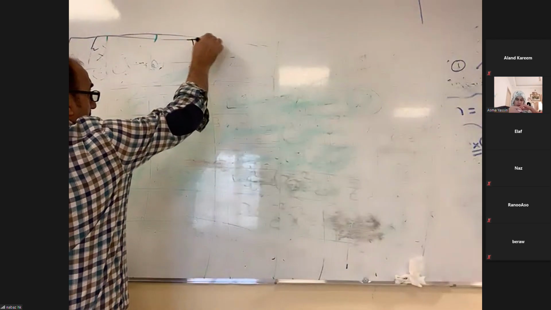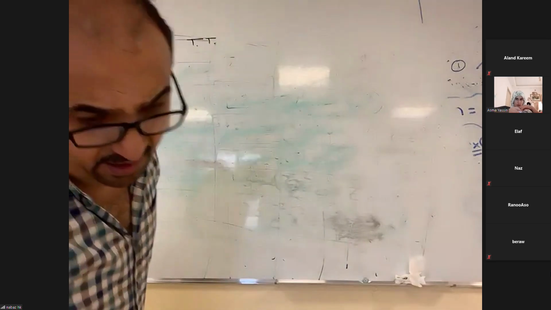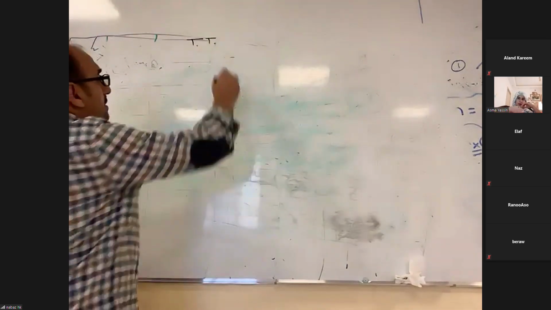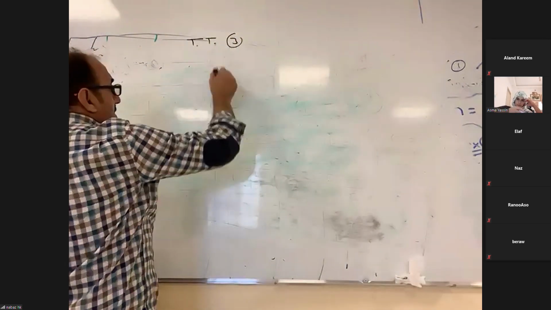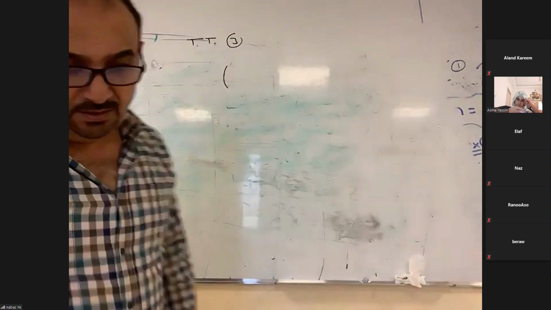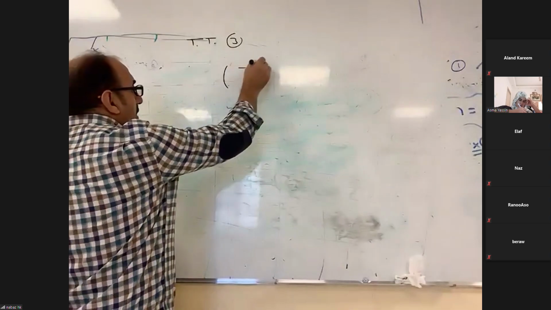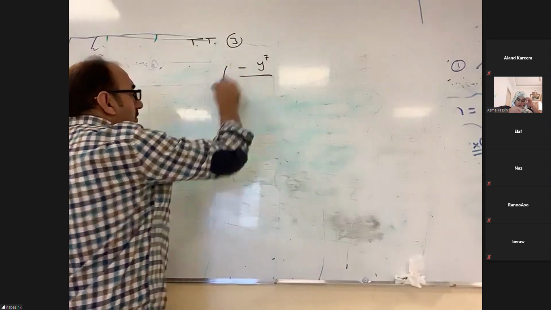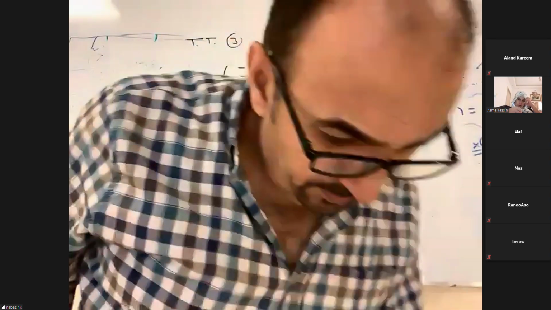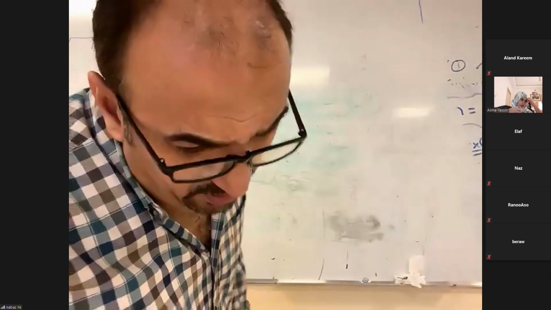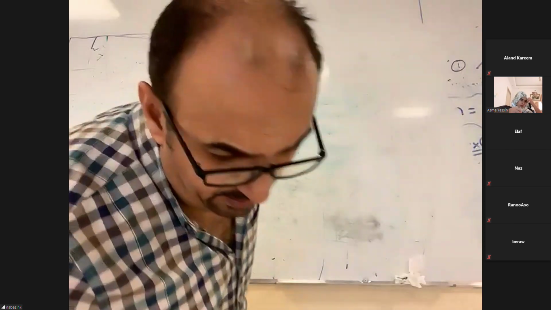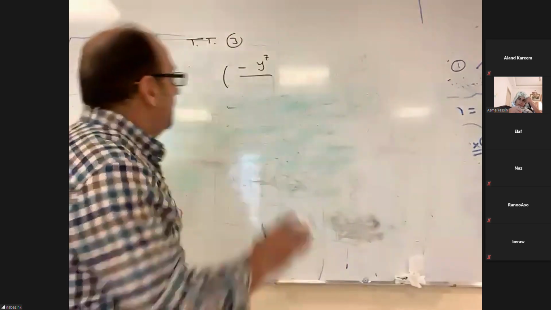Try this example. I think example 3. Okay, this is important. Negative y to the power 7 over 2x to the power, sorry, negative 3x squared.